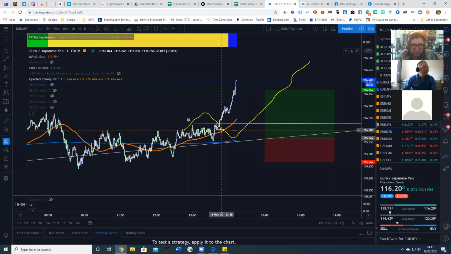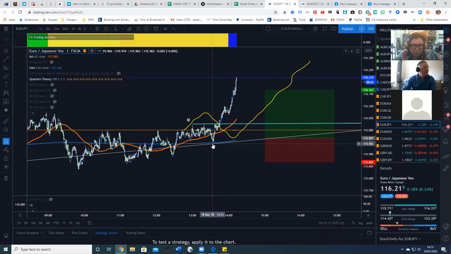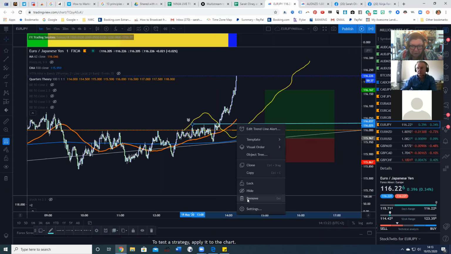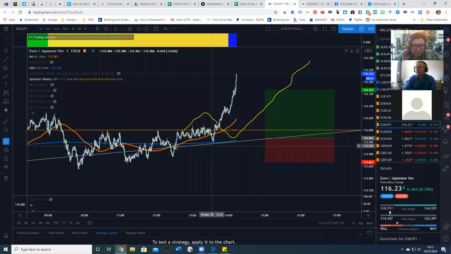But you can get into pairs any time of day. It's just I wanted to see how much it has broken and retested there. So from the pitchfork, including the top, I can get rid of that alert now. That's just an alarm that I had. So there's the break and the retest of the pitchfork, not quite by 10 pips, but once it came above the orange line, I'll get rid of this one now.